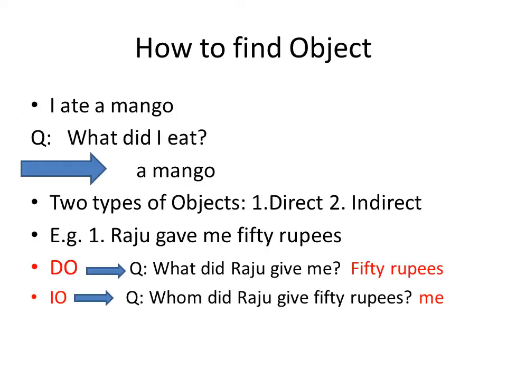It will be the first sentence, and the second will be: I was given 50 rupees by Raju. So this is what we do in passive construction.